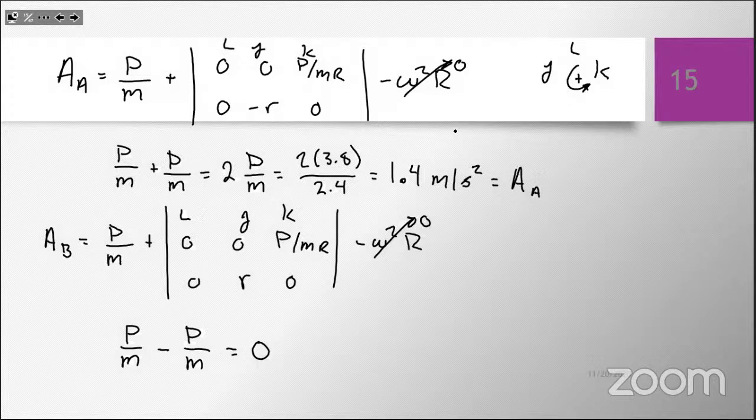Should that equal 3.6? Good. Let's see. Could be. I could have fat fingered it. Stranger things have happened. 2 times 3.8 divided by 5.4. I got 1.41. 2.4.